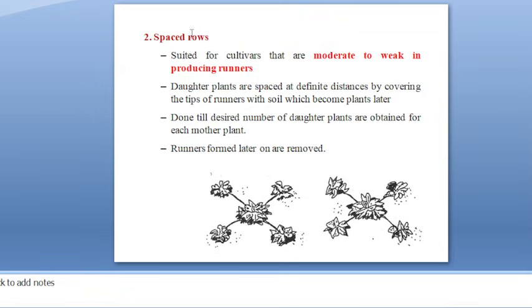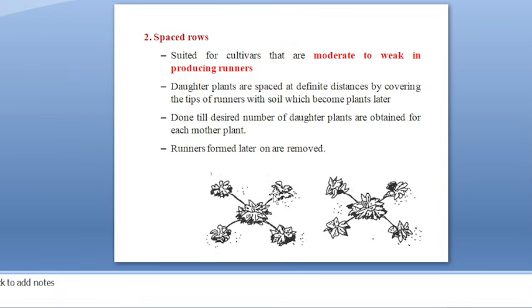The next important method of planting is spaced rows. Where there is a moderate availability of the planting material, we will plant one single plant in the middle, and the daughters or suckers are allowed to grow at equal distance.